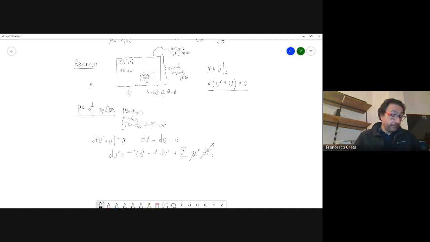Also, because the inner system and the outer system are isentropic, we can say that dS^R is equal to 0, so this term is also 0, as well as dS is 0, because this is isentropic and this is isentropic.